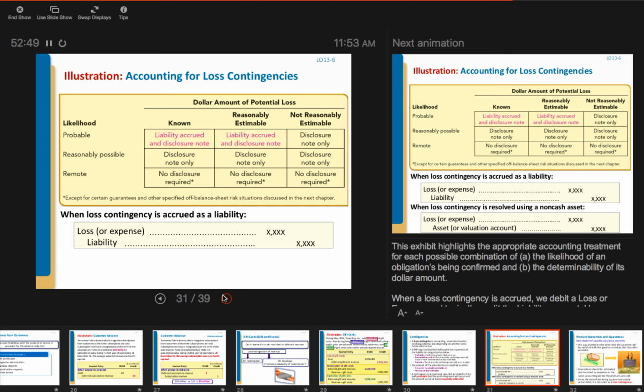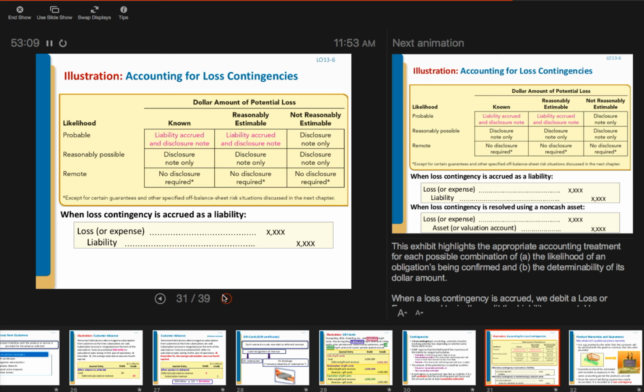It doesn't show up on any of the statements themselves, so it's on the potential investor to nitpick through the notes and say, okay, if that does occur, will that change my opinion on whether I want to invest in this company or not?